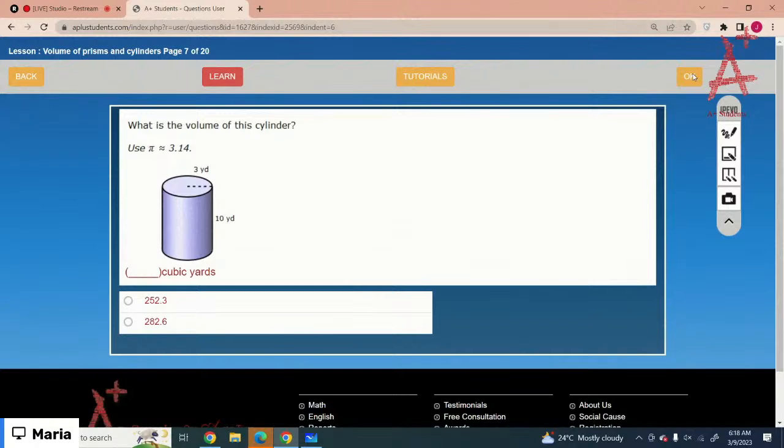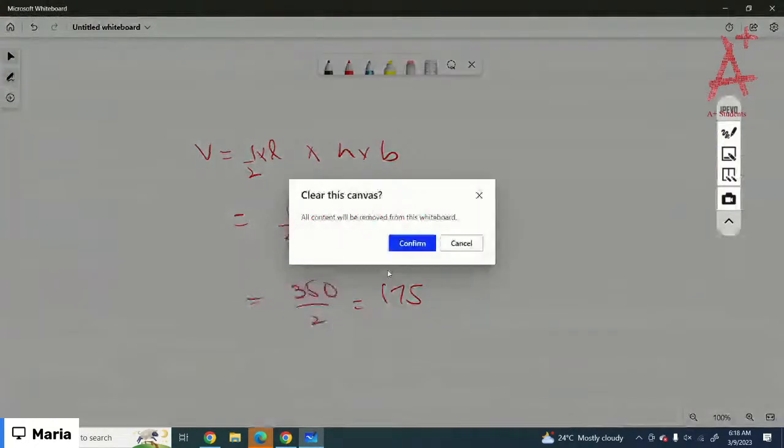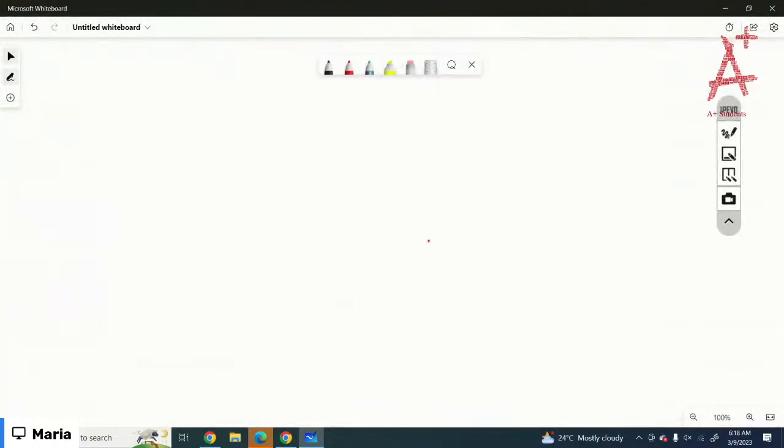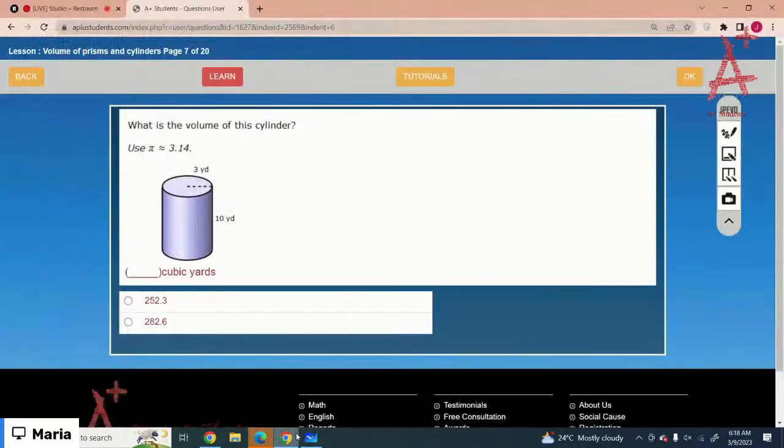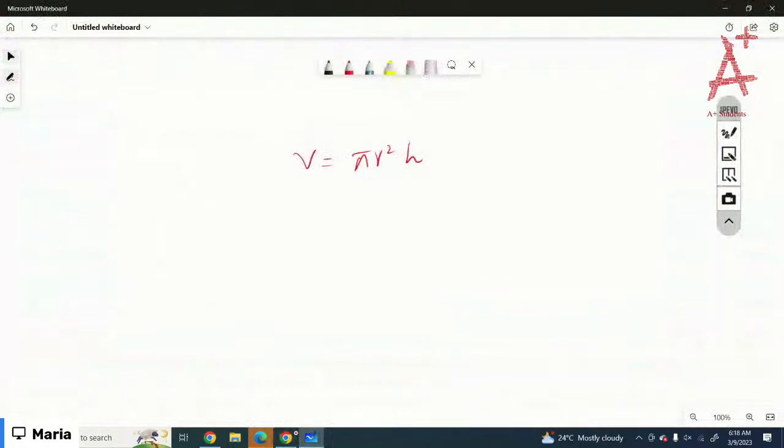You have to calculate the volume of the cylinder. So volume of the cylinder is V equals pi r square h. So r is 3 yards and h is 10 yards. Just put in the values and calculate.